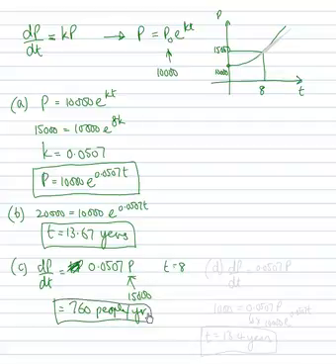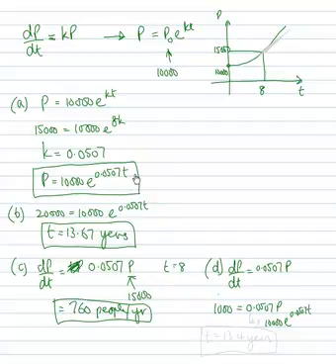Okay, and then the last part is very similar. So let me do this here. Find when the rate of growth is 1,000. So that's just putting the numbers in differently. So dP/dt we know is equal to 0.0507 times P. So we want that to be 1,000, so 1,000 equals 0.0507 P. And remember, P is 10,000 times e to the 0.0507t.